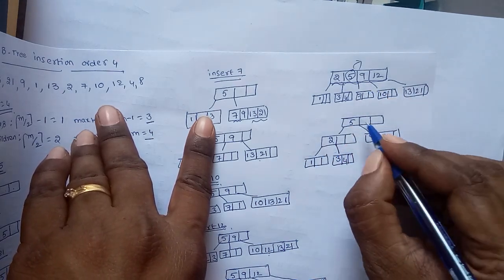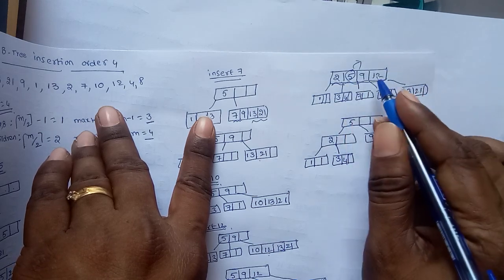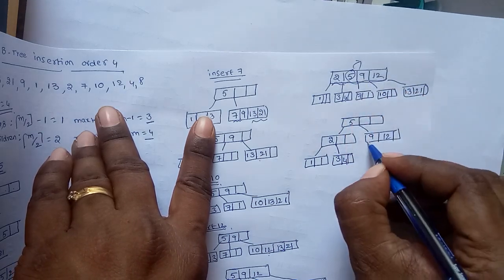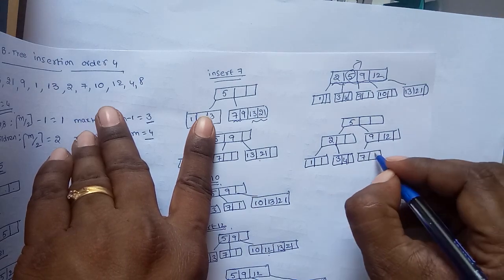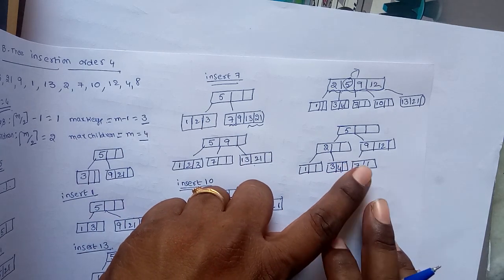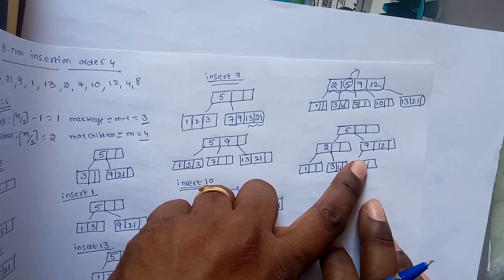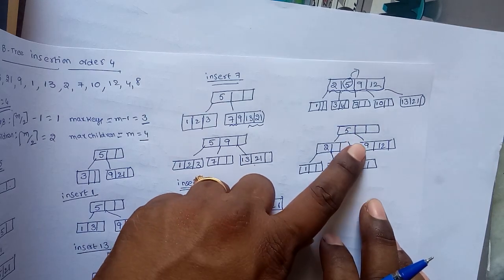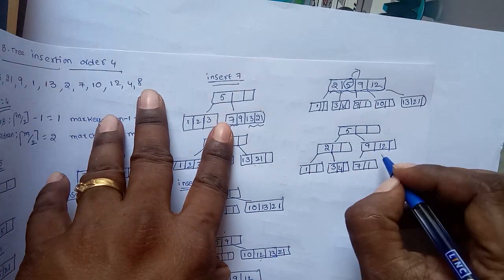Whenever we are moving 5 to the root, 9 and 12, so automatically 7. If you have any confusion, observe, according to the binary search tree, 7 is always greater than 5. So simply 7 is placed on this side. 7 is greater than 5 and less than 9. Compulsorily the position of 7 is this one.